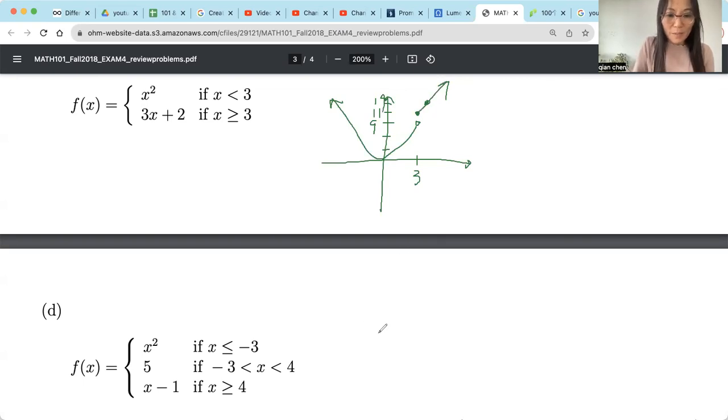Let's see D. D, I have 3 intervals. -3 and 4. Let's graph. Let's see, -3 is somewhere here. 4 is somewhere here. So I have 3 intervals, right? X less than or equal to -3, that's quadratic. Or equal sign, so -3 squared is +9. Let's see, this is 9.